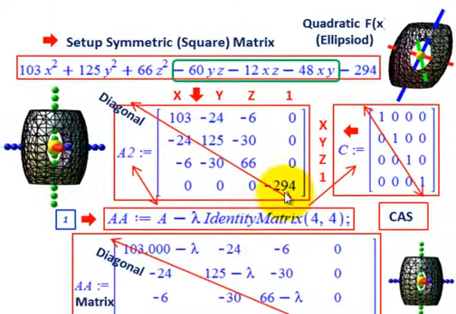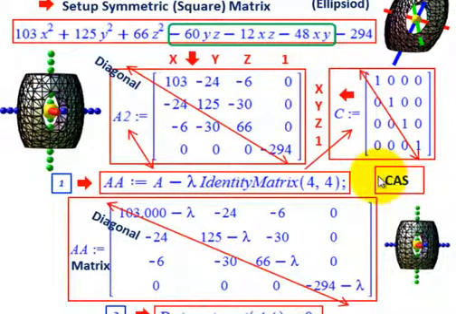Okay, so the next thing you have to do, and you're using a computer algebra system, I'm using Maplesoft, is take your matrix that you set up, your symmetric matrix, and subtract from it a lambda term, or some variable, times the identity matrix.